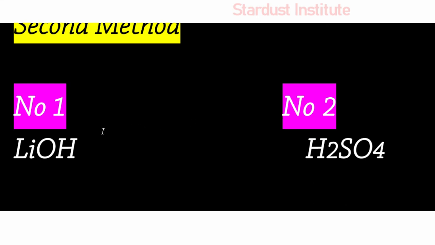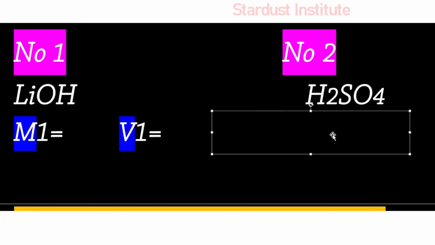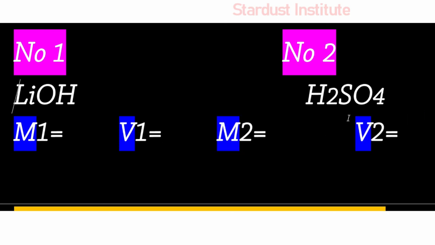Now we have taken lithium hydroxide solution as number 1 solution. Therefore, we can take molarity of this lithium hydroxide solution as M1, volume as V1. We have taken sulfuric acid solution as number 2 solution. Therefore, molarity of this sulfuric acid solution is M2, volume is V2.